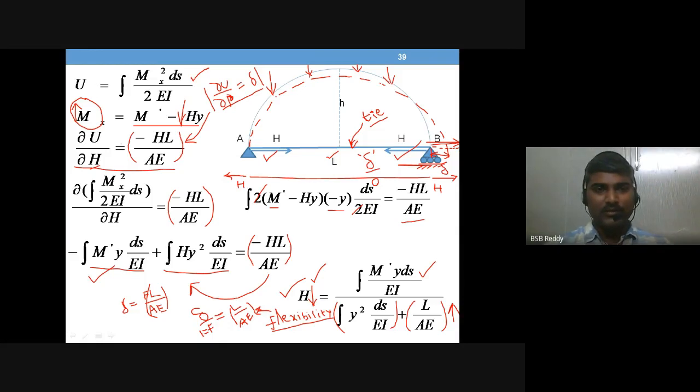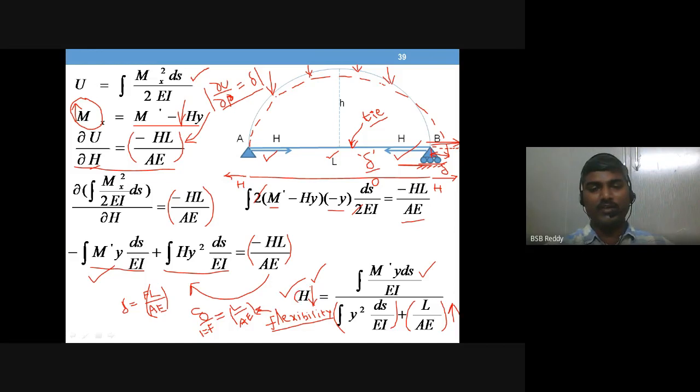Compared to the conventional two hinged arch, the tied arch will have more bending moment. The reason is that the denominator is added by the flexibility value, and that is going to reduce horizontal thrust.